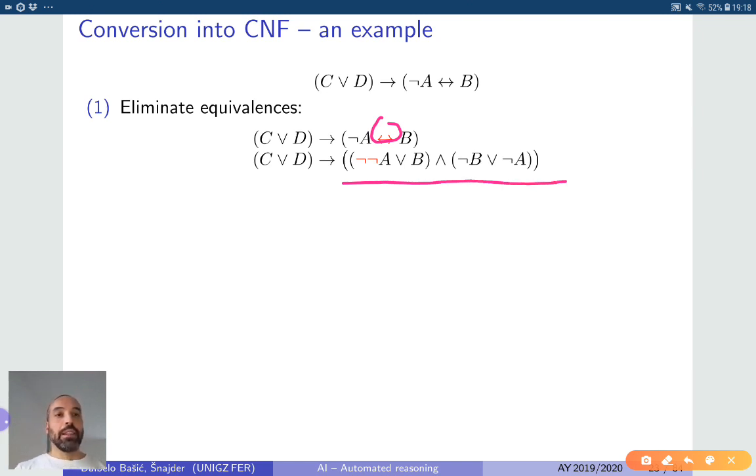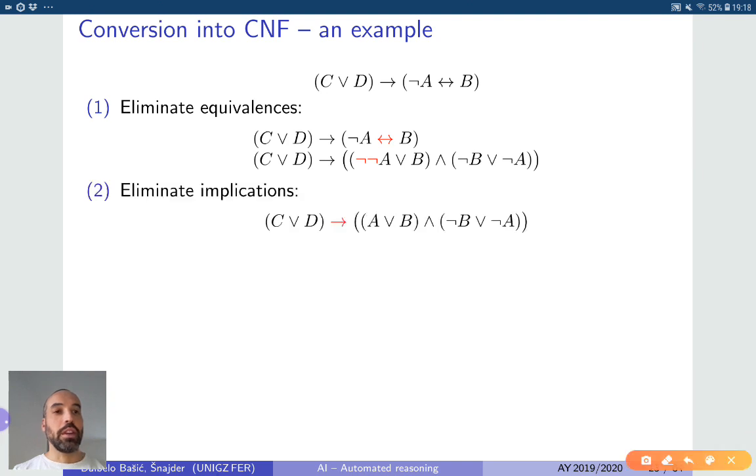Okay, that's taking care now of the equivalence. The next step is to take care of the implication, right, which is here. And by the way, I also removed the double negation, right?